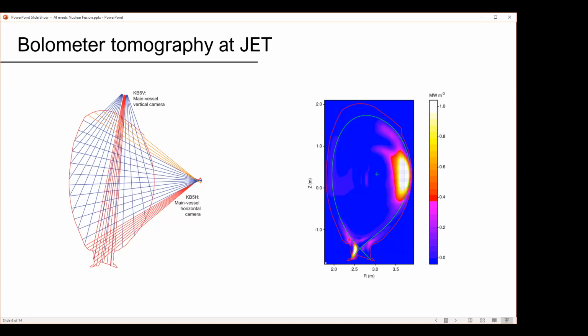So in my talk, I will use just this one diagnostic, so as not to complicate matters too much. And I'm going to show you how we use data from this diagnostic to perform several different tasks.